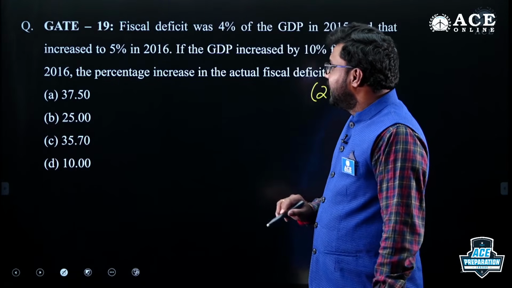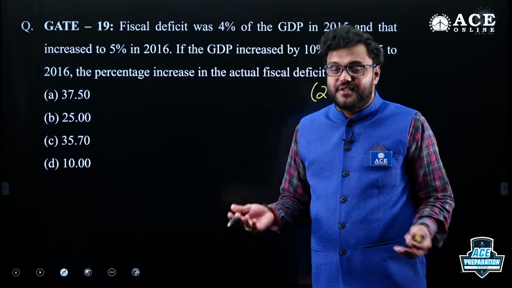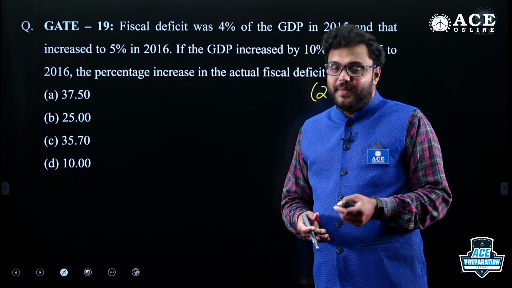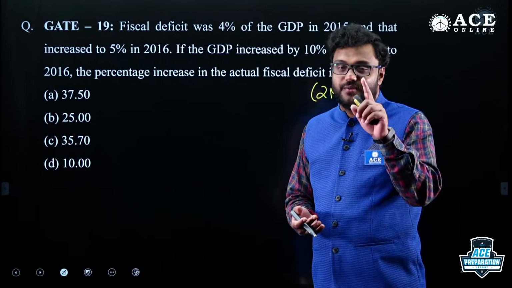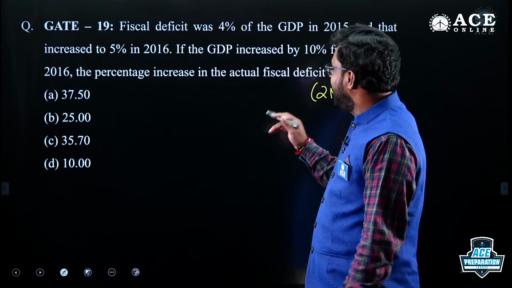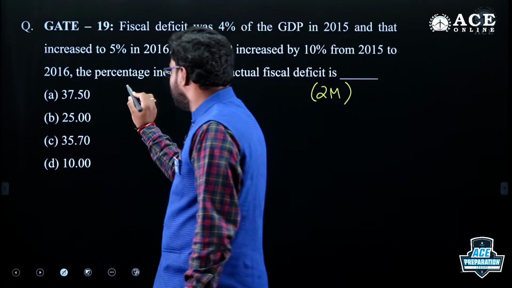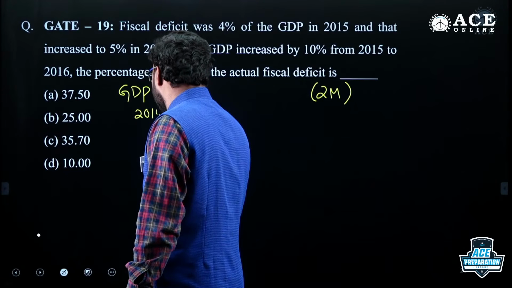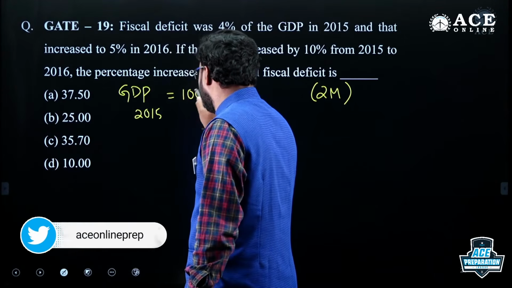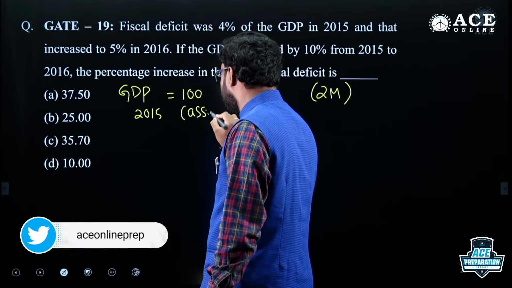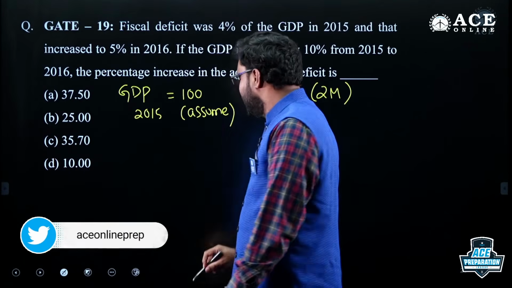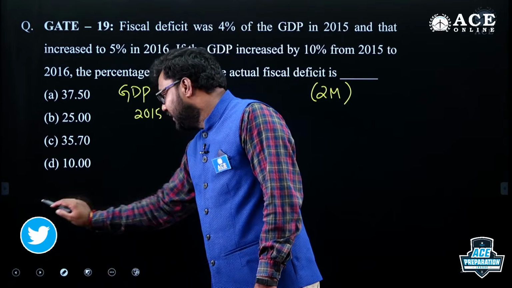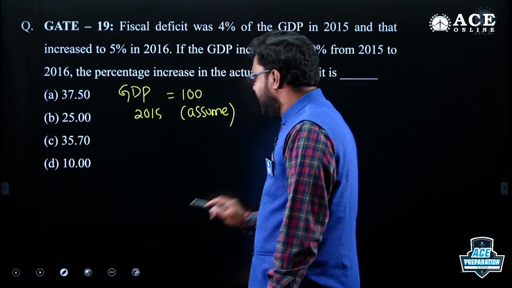Now see, here you don't know fiscal deficit, you don't know what is the value of GDP, but generally what you are allowed is you can assume one value. So here GDP I am assuming for 2015. GDP in 2015 is not given, I am assuming 100. Assumption is allowed, because the entire question is all about percentage only.